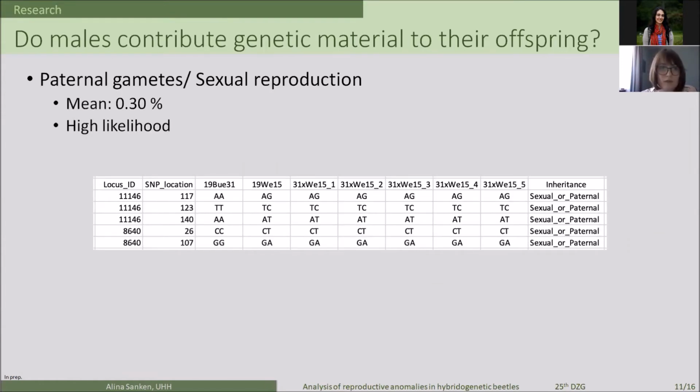These are the 5 SNPs that the program called, and again, a double A and an AT combination for the parents, and all 5 offspring showed an AT SNP, meaning that either they got the A from the mother and the T from the father, so through sexual reproduction, or the whole AT combination SNP from the father, meaning it would only be inherited through the paternal gametes. So the program calculated this must either be from paternal gametes or through sexual reproduction.